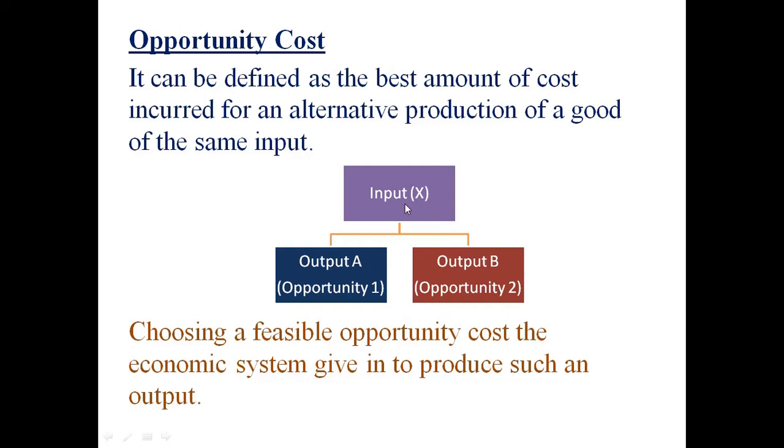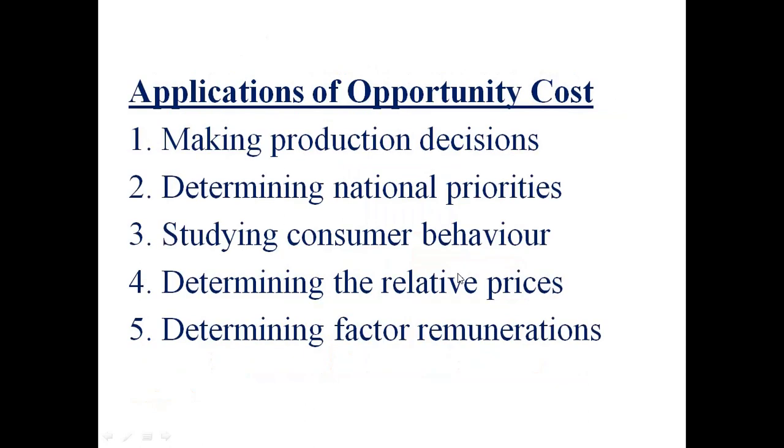So you have to apply the same input only for one type of commodity, that is for the output. And here you have to make the decisions. Whenever we are talking about these decisions, we are talking about the problem of choice. Hence the producers have to be decisive in nature.